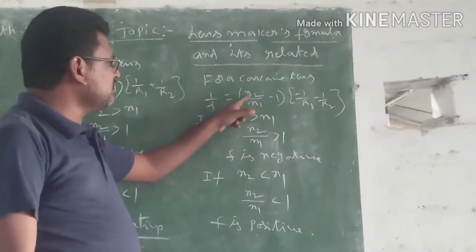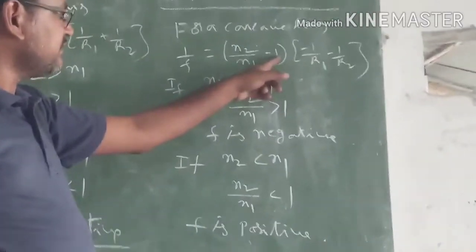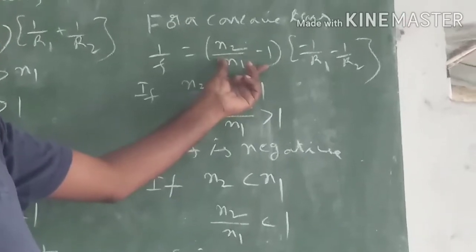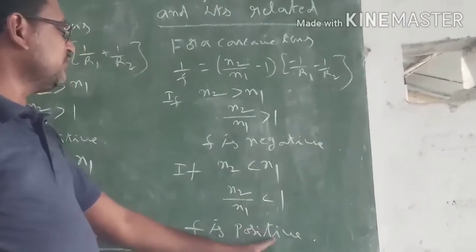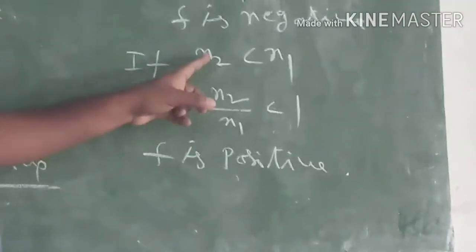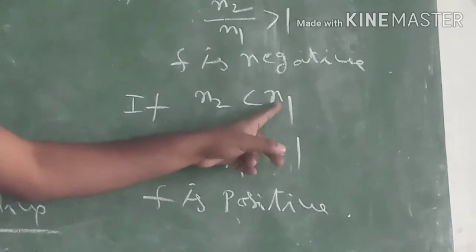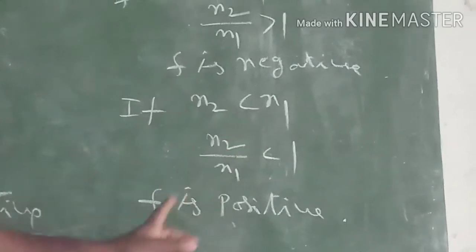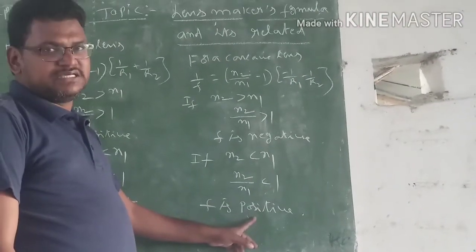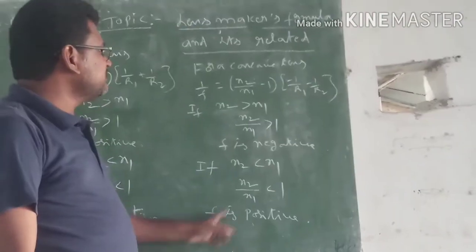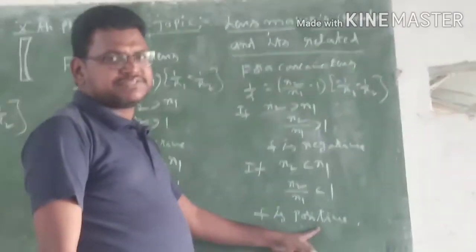And minus 1 gives a negative value, and negative into negative is a positive. That means when the refractive index of the lens is less than the refractive index of the medium in which the lens is kept, this concave lens acts as a converging lens. That means this diverging lens acts as a converging lens.